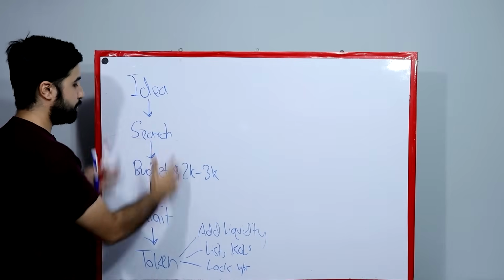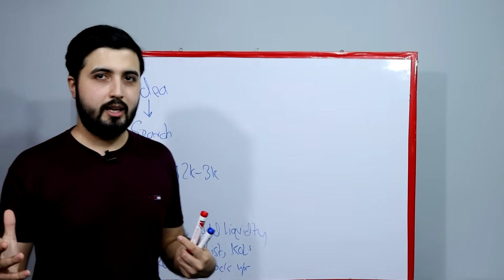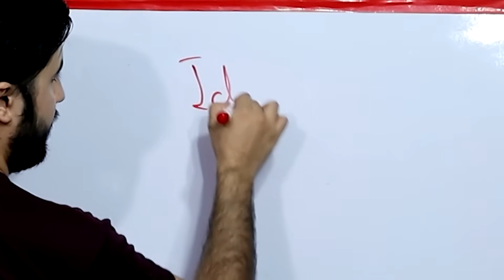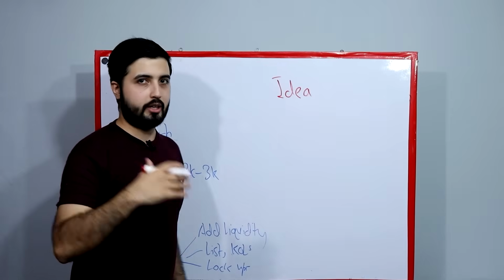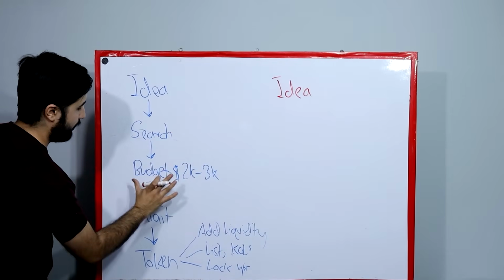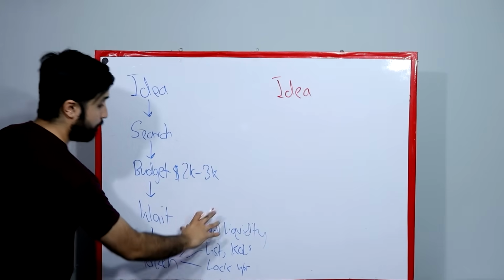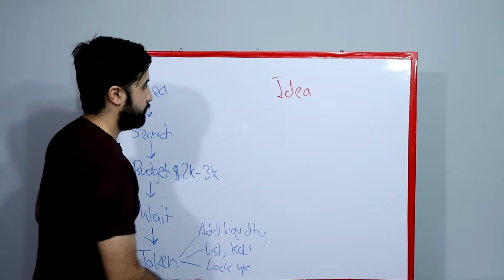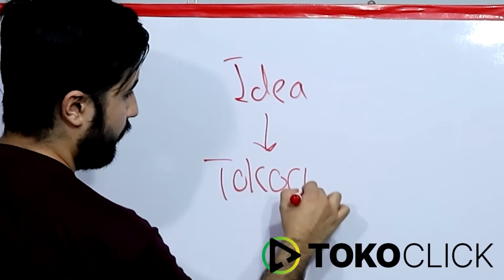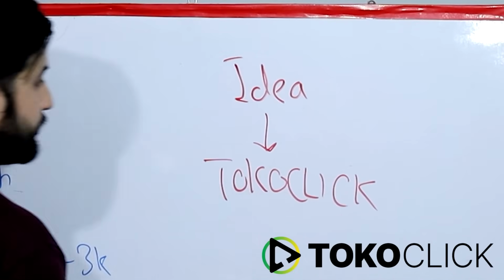Now here's how this process becomes much easier when you use TOKOCLICK. Again, you start off with getting an idea for your project and for your token. But instead of going through this entire process of searching, allocating budget, waiting, and then more time and money for all these different processes, you go to TOKOCLICK. Link will be in the description.